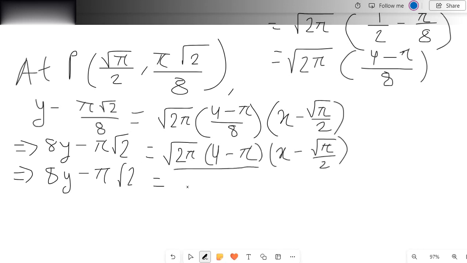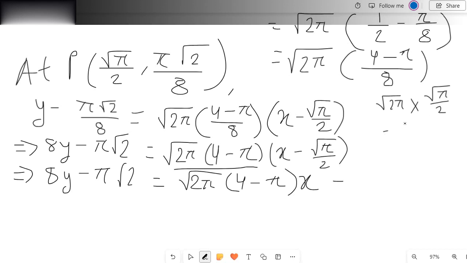So we multiply this to get root 2 pi times 4 minus pi times x, and then minus we have root 2 pi multiplied with root pi by 2 to get pi root 2 by 2, as root pi into root pi is equal to pi to the power 1.